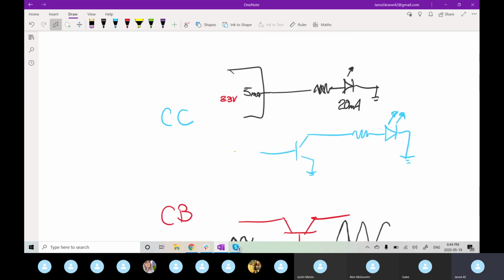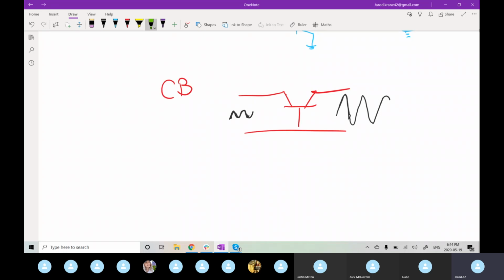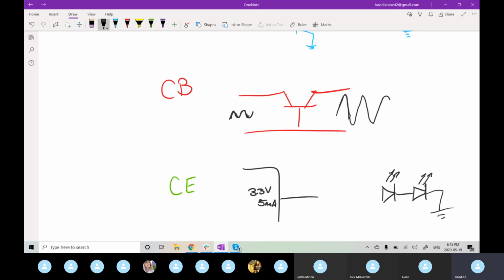So I guess one thing, if you wanted to keep the same example of our MCU that only has 5 milliamp and 3.3 volt, that probably doesn't have enough to power 2 LEDs, because like we saw when we went over LEDs, there's a voltage drop across both.